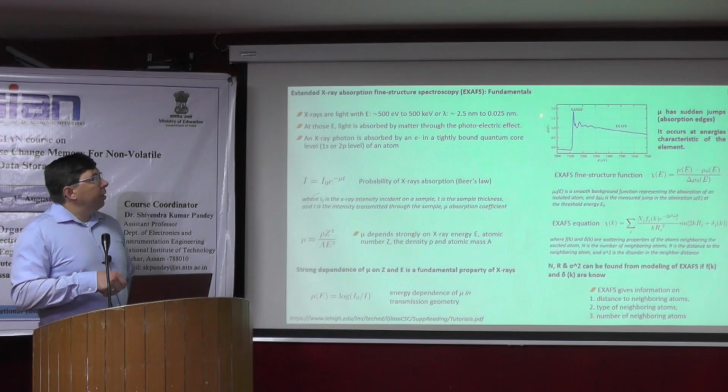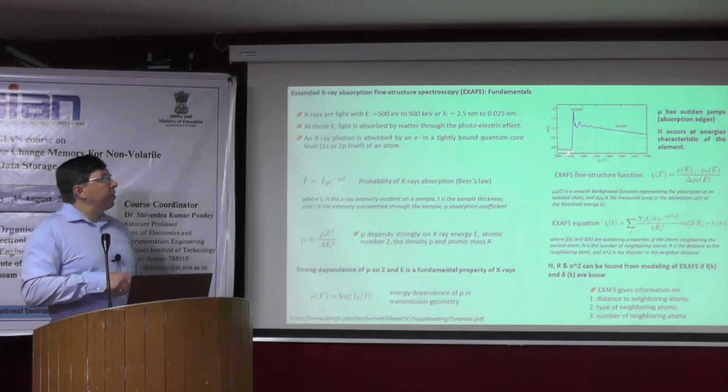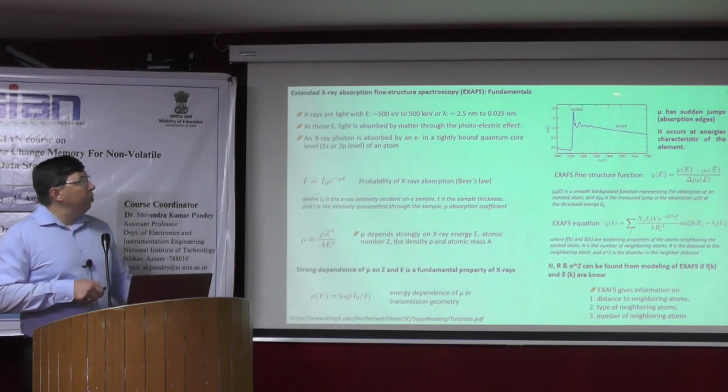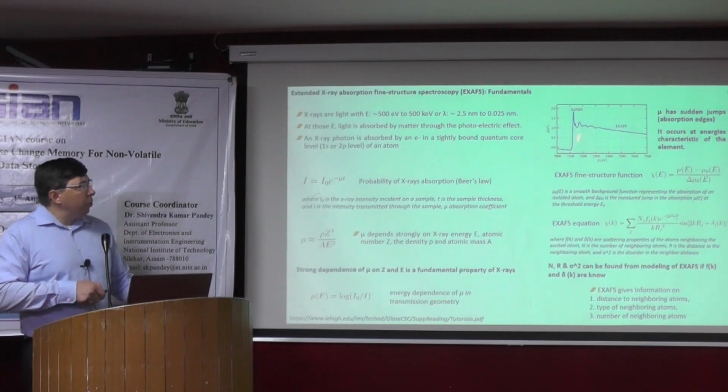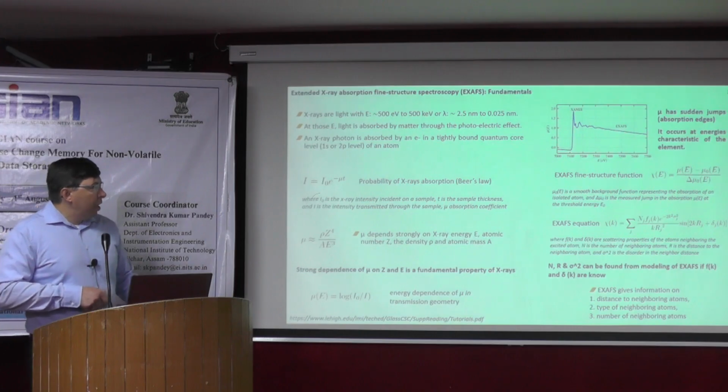So in the spectra, if you have such XAFS spectra, what happens here is you have this jump at a particular energy, so it goes like an absorption edge, and it occurs at the characteristic energy of elements, and this is the so-called fine structure, which can be described by this equation.